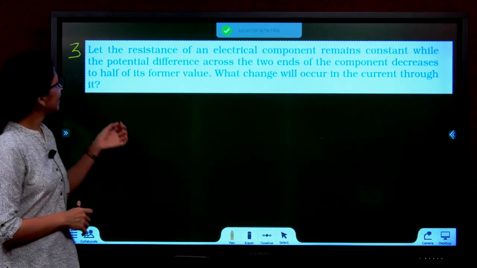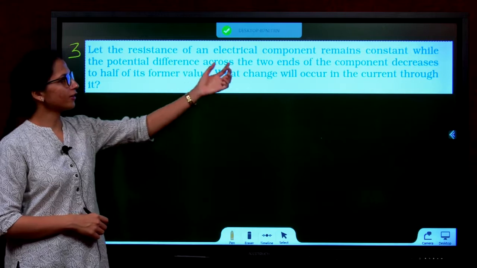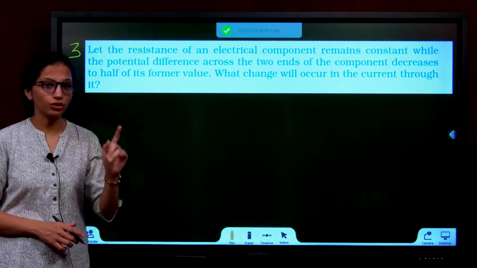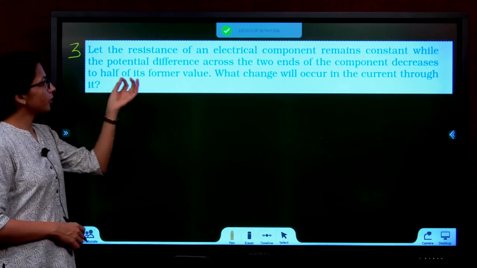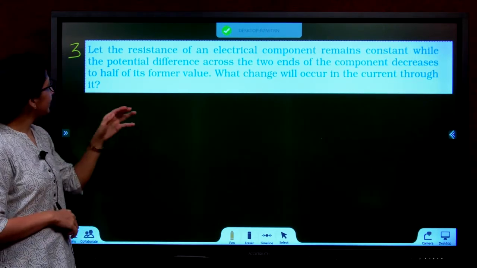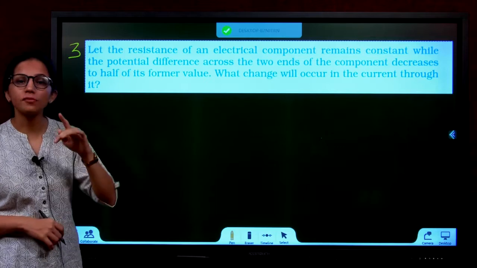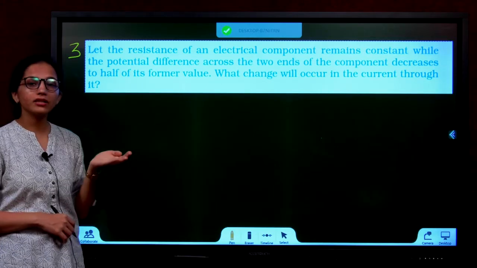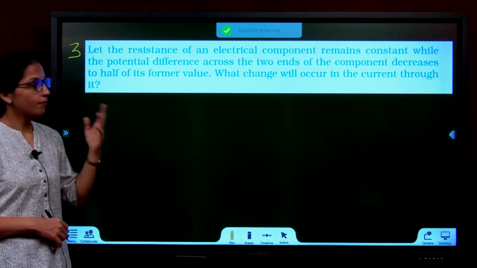Third question. Let the resistance of an electric component remain constant. Don't change the resistance, while the potential difference across the two ends of the component decreases to half its former value. Former means previous, before.